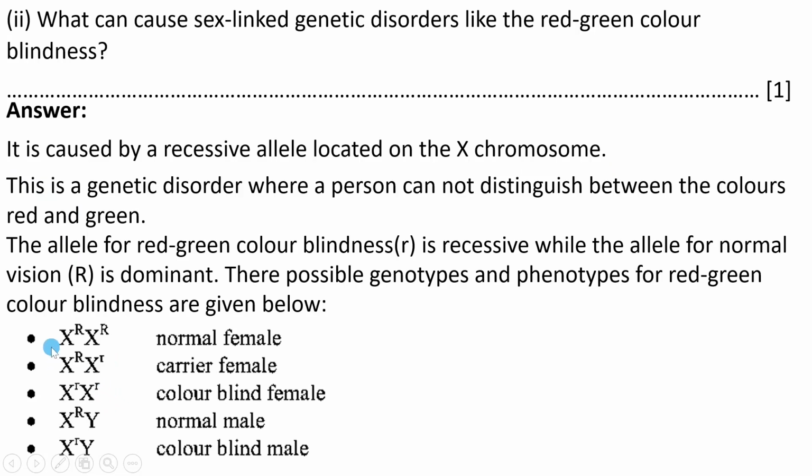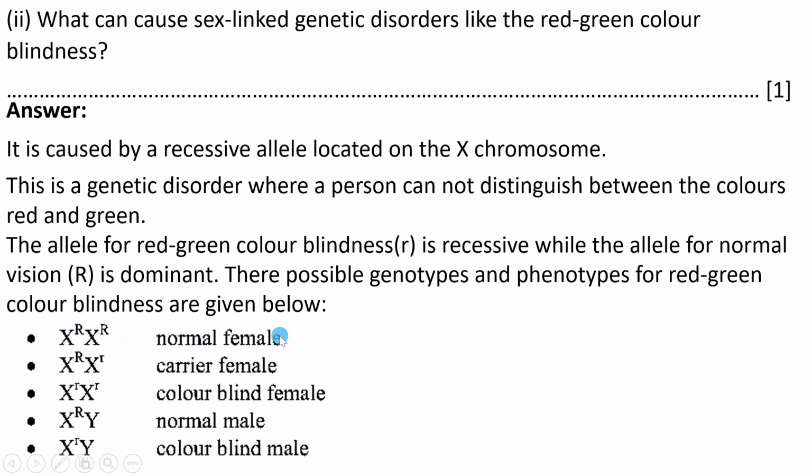These are the genetic makeup of the sex chromosomes. Now, these are the genes that exist there for red-green color blindness. If you have these on both X chromosomes, it means you are normal.